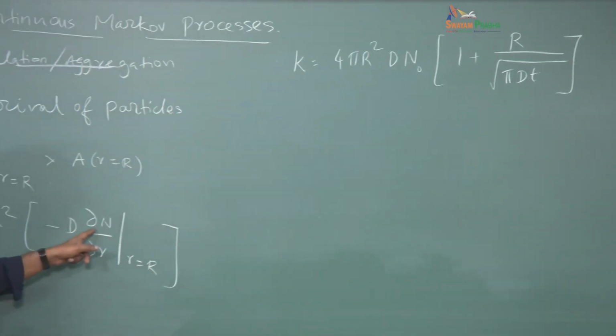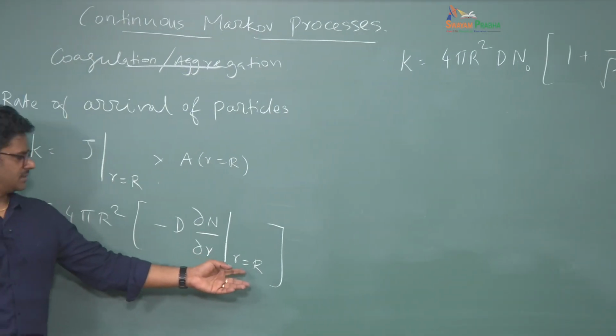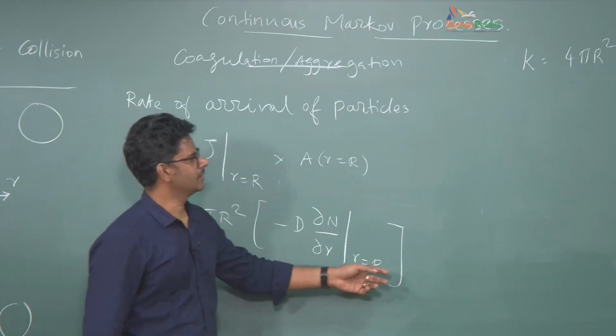So when I take the partial derivative of n with respect to r and evaluate it at r equal to capital R, then you will get this term.